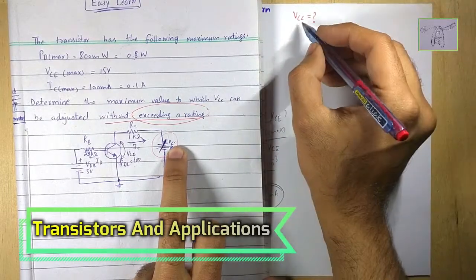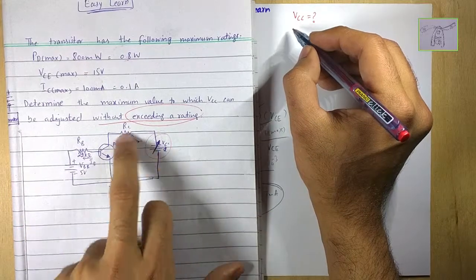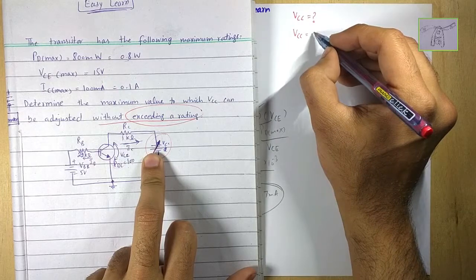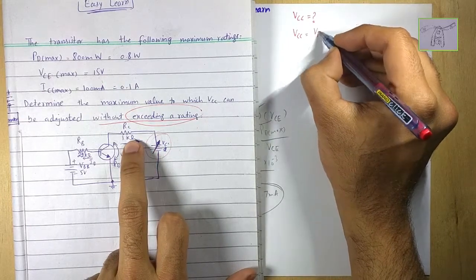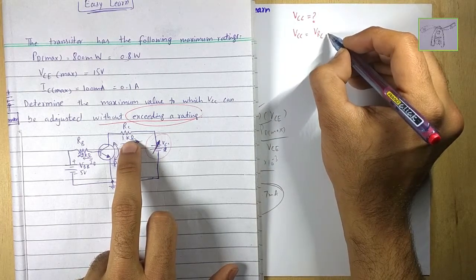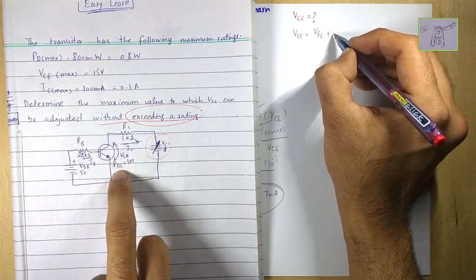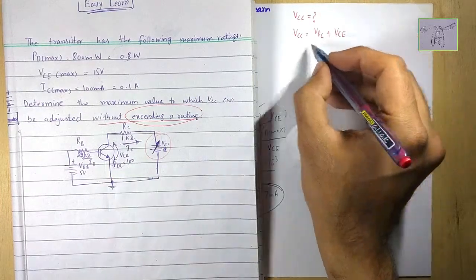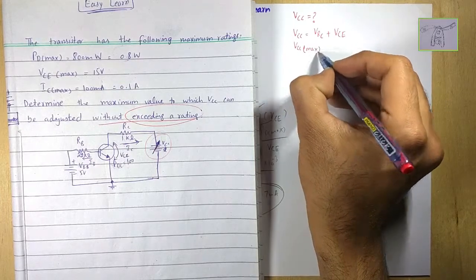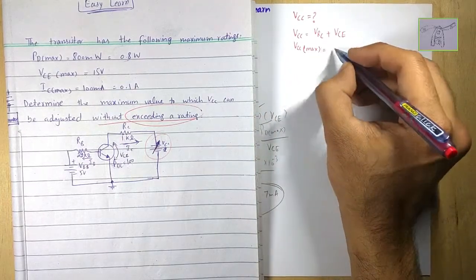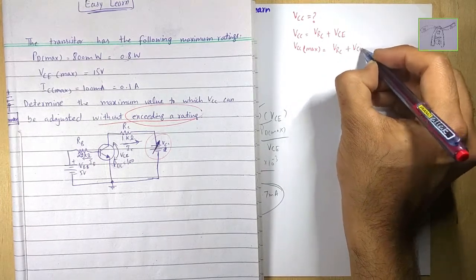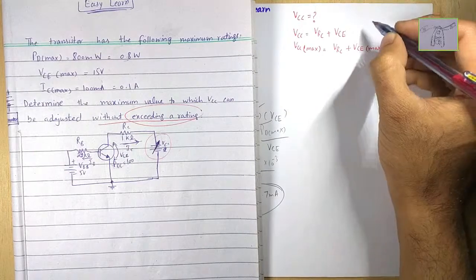If we apply KVL here, we already derived this formula: VCC equals the voltage across this resistance at the collector loop plus VCE. To calculate VCC maximum, the formula becomes the voltage across this resistor at the collector terminal plus VCE also maximum. What is the VCE maximum?